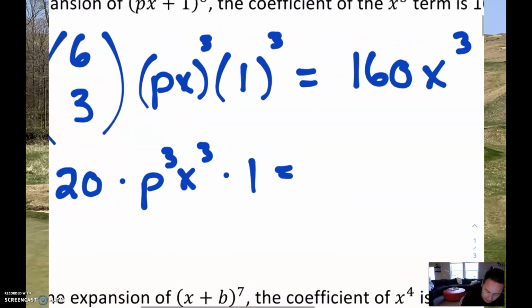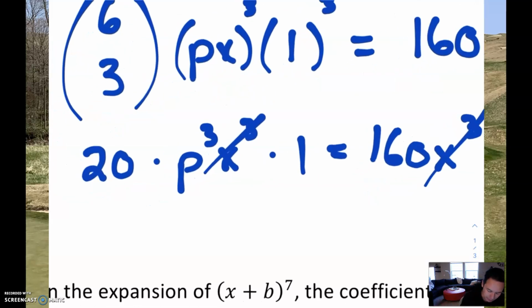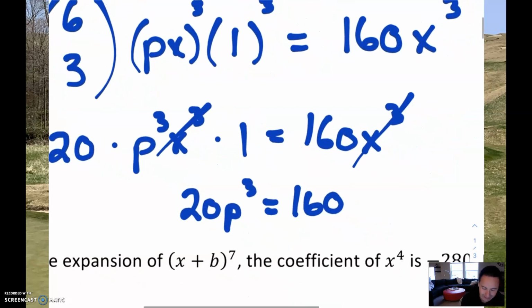Then we'll set it equal to 160x cubed. Since the exponents match up, I can cancel out this x cubed and this x cubed. You could divide on both sides if you wanted, but they just go away. So what you're left with is 20p cubed equals 160.